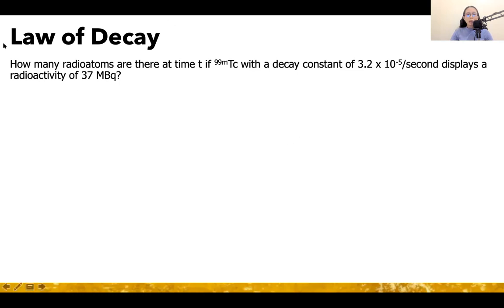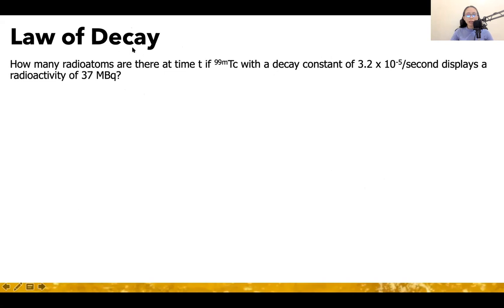Okay, so first, we need to recognize that we have a unit of radioactivity here, megabecquerel. And we will be using the equation that we just saw, which is R sub t equals lambda N sub t.